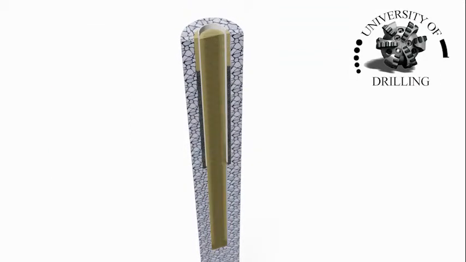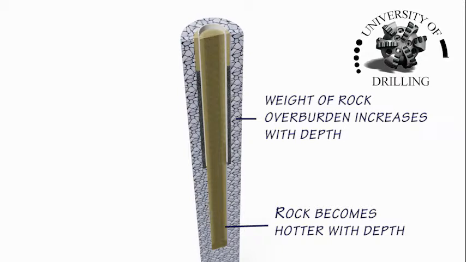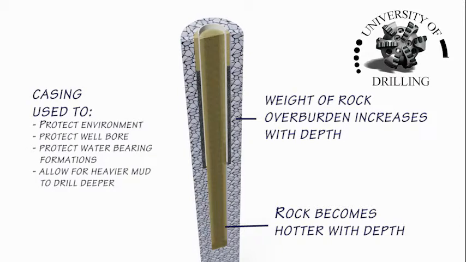Because the overburden, or weight of the rock above a certain point, increases as you drill deeper and the rock becomes hotter the closer it is to the Earth's molten core, the trapped pressures of liquids and gases within the rocks increase the deeper you drill.